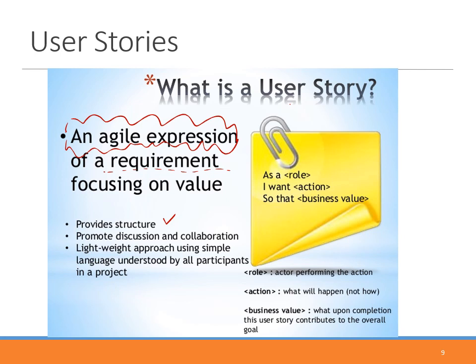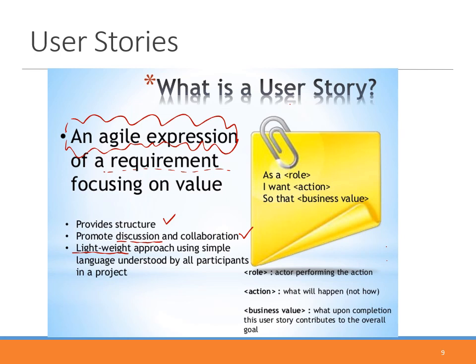And it is used to promote collaboration and discussion so that we can discuss with the user easily in their own language. It is a lightweight approach using simple language understood by everyone, not a very high-tech language that is understood only by the development team.